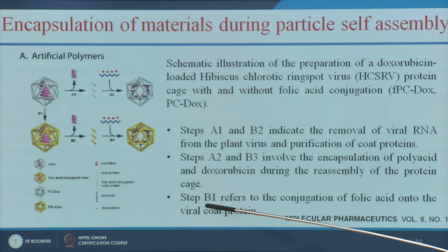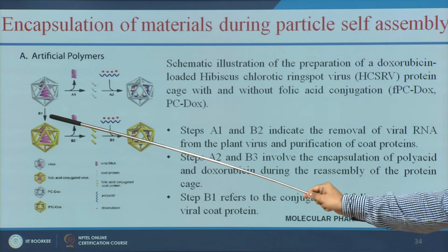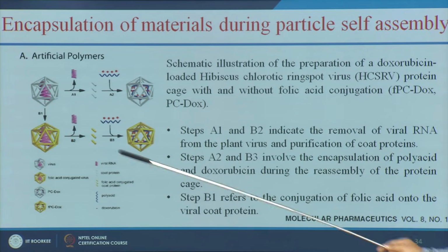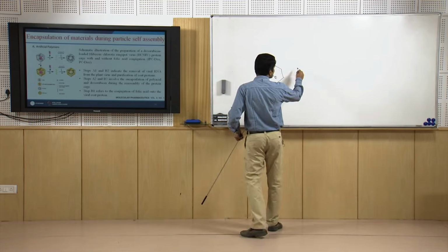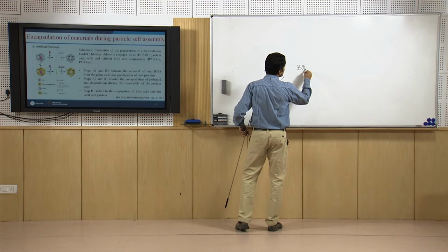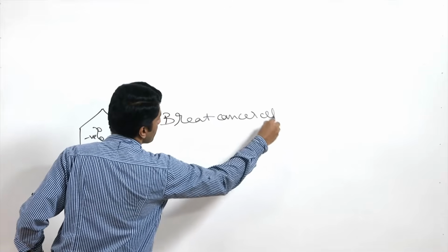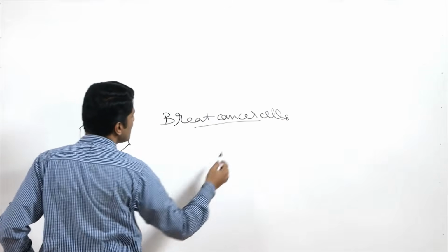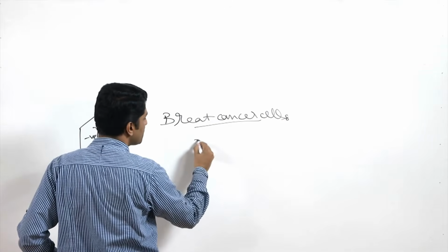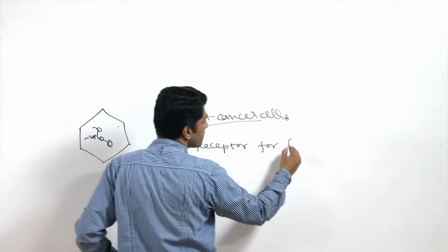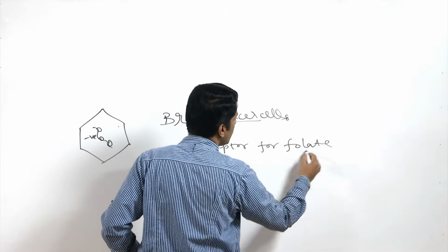And again we are going to add folic acid to this viral coat protein in step B1. When you add this folic acid, it will be targeted only for breast cancer, because breast cancer cells express the receptor for folic acid.